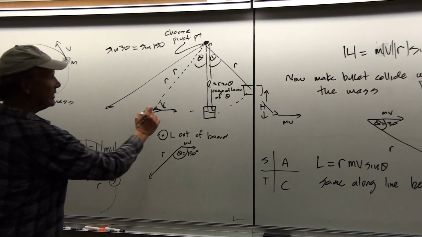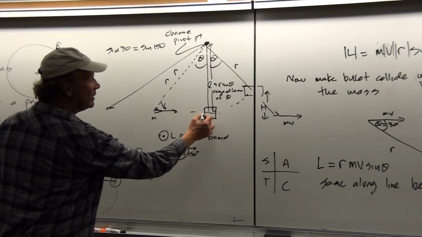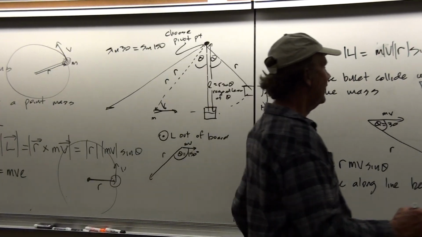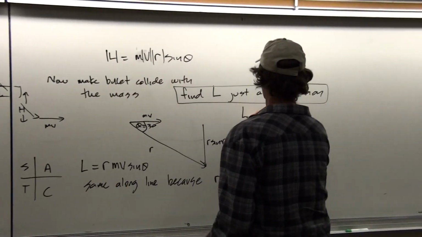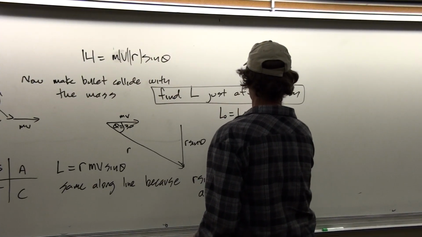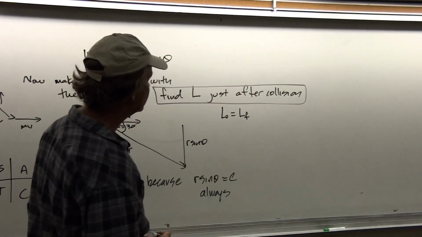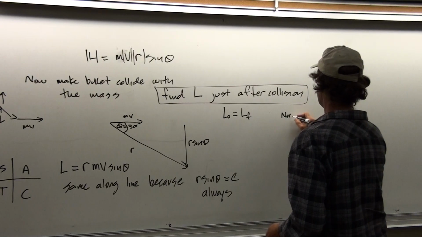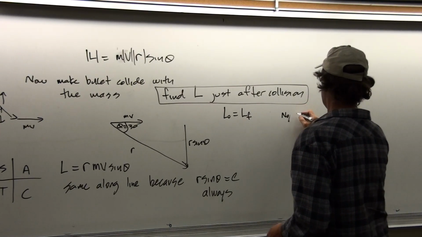But now its angular momentum is going to be injected into this larger system. And because of conservation of angular momentum, we can say then that L initial equals L final. Why can we say that? Well, because there's no torques acting on the system from the outside.